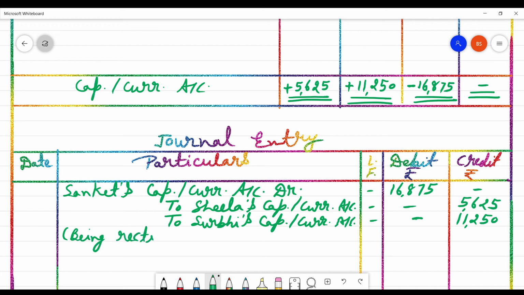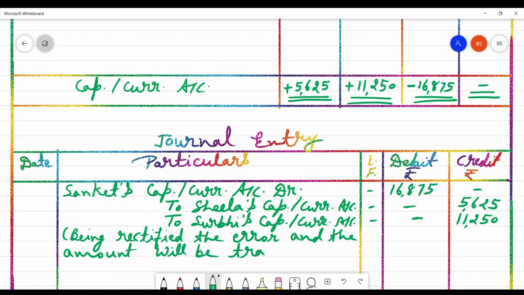We have to write down the narration: being rectified the error, and the amount will be transferred to their capital or current account.